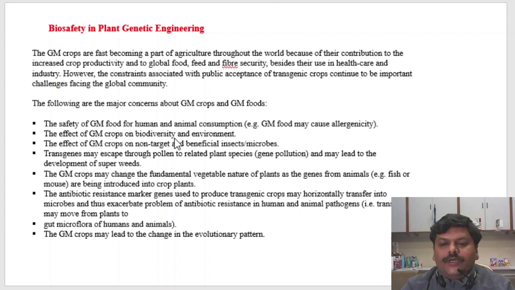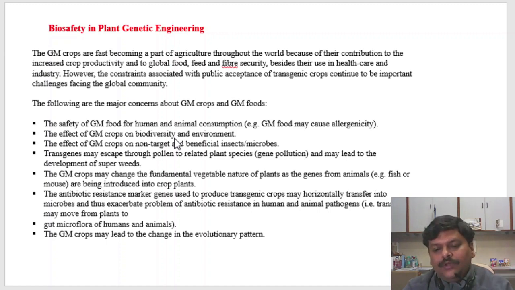The genetically modified plants also need to be tested for their surroundings, for the nearby biodiversity. They should not have any bad effect on nearby plants. Same way, they should not have an effect on useful insects, say for example honeybees. They are very useful insects.